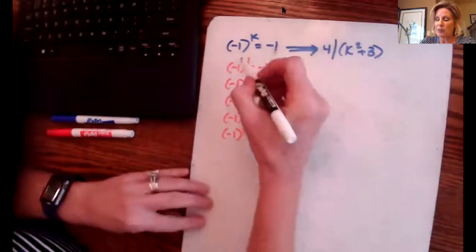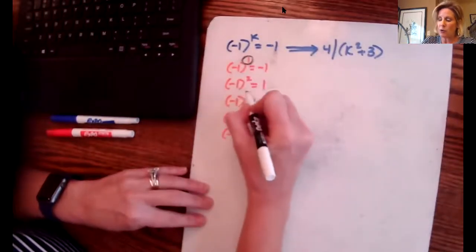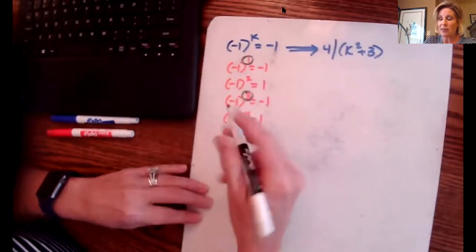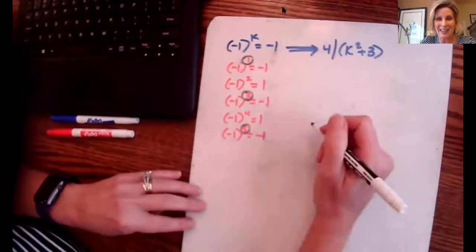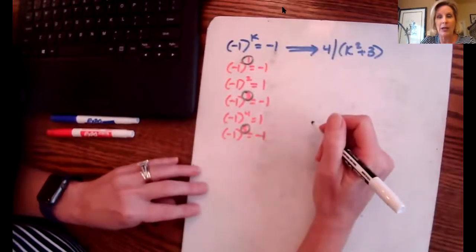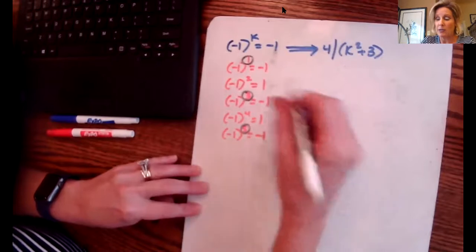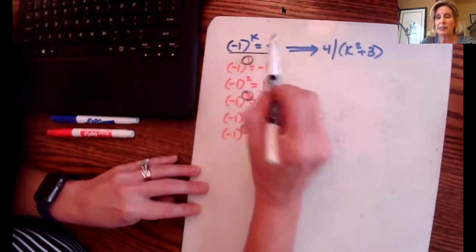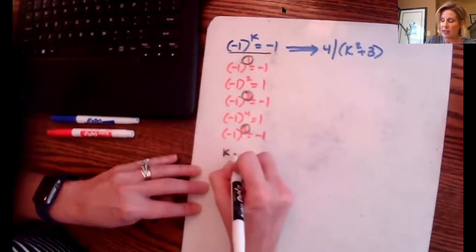So I notice that -1 to the first, third, fifth, and for that matter, any odd exponent is going to be -1. So the hypothesis tells me that k is odd.